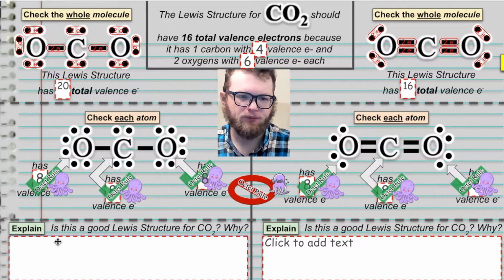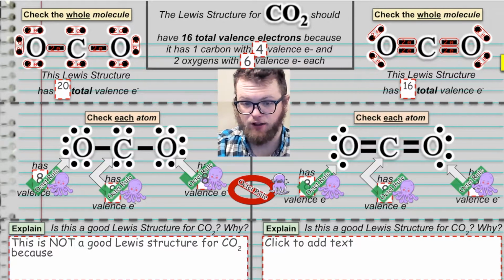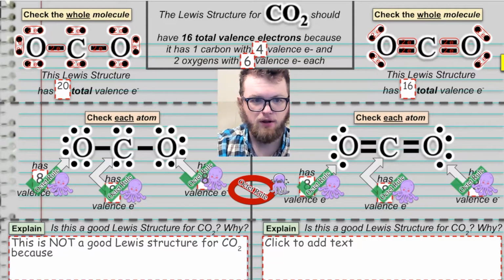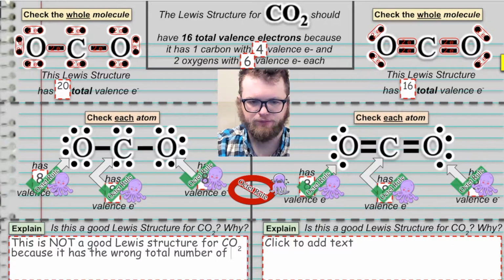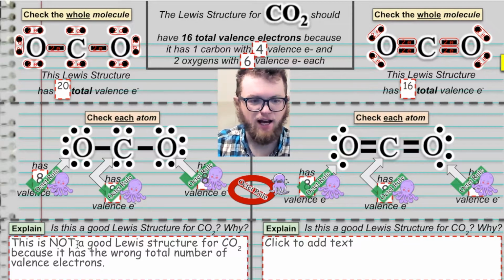So now, explain, is this a good Lewis structure for carbon dioxide and why? Well, this one on the left is not a good Lewis structure for CO2 because it has the wrong total number of valence electrons.